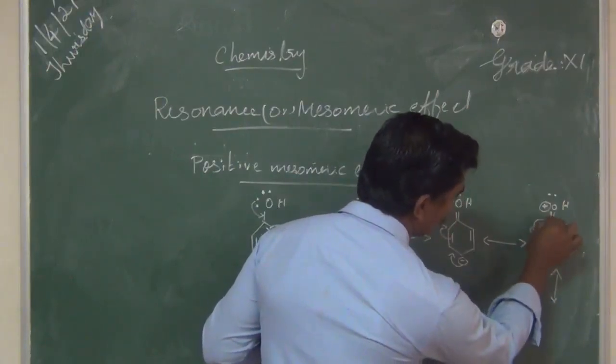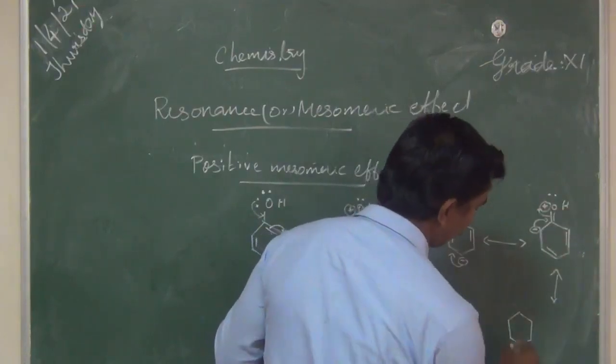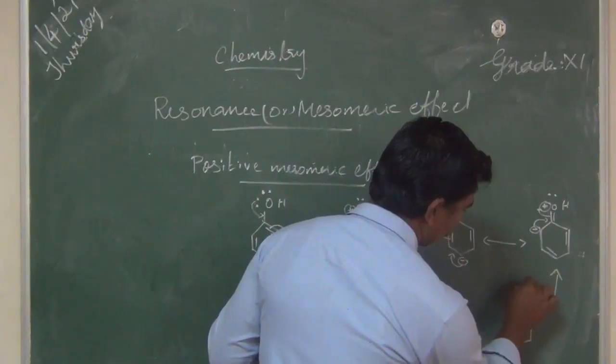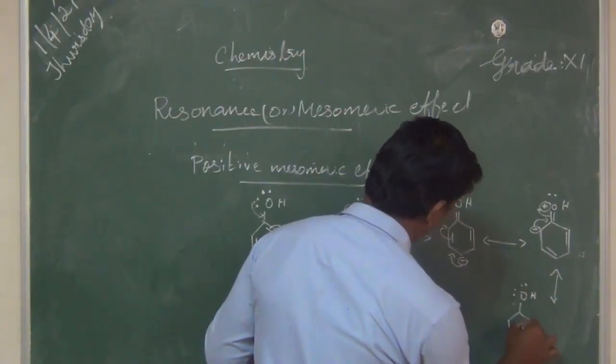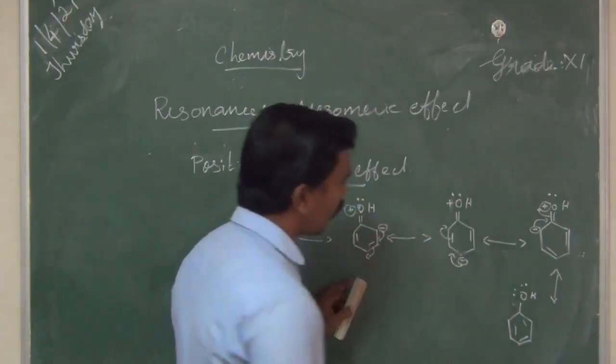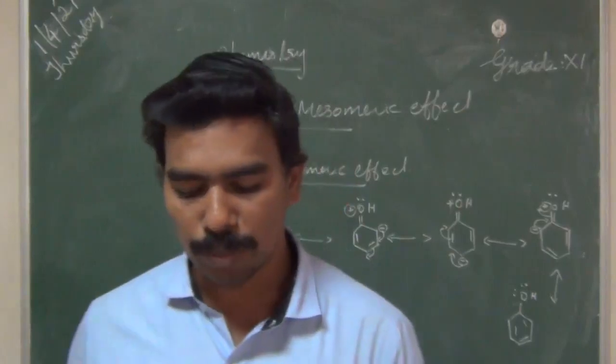This electron is moved here. This is the resonance structure of phenol, the positive mesomeric effect.